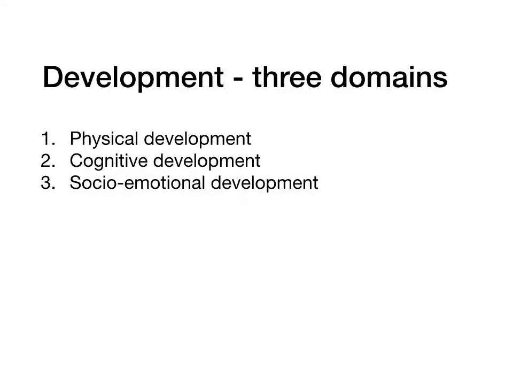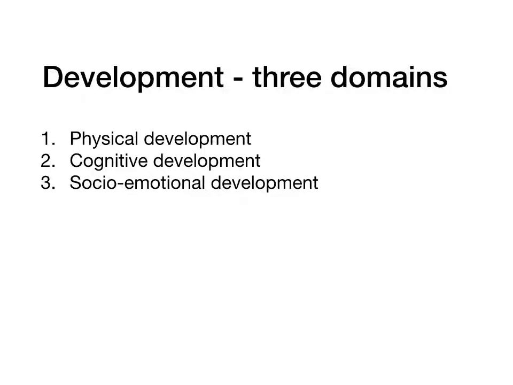In the next lessons, we'll be learning how these three domains develop simultaneously in three given stages, which are infancy, childhood, and adolescence. So we'll be looking at each of these stages one by one: infancy, childhood, and adolescence.